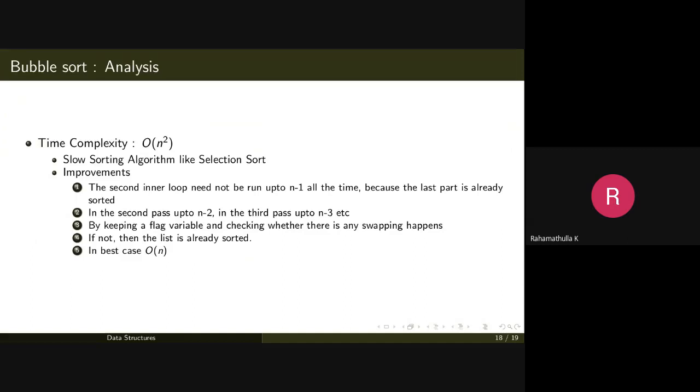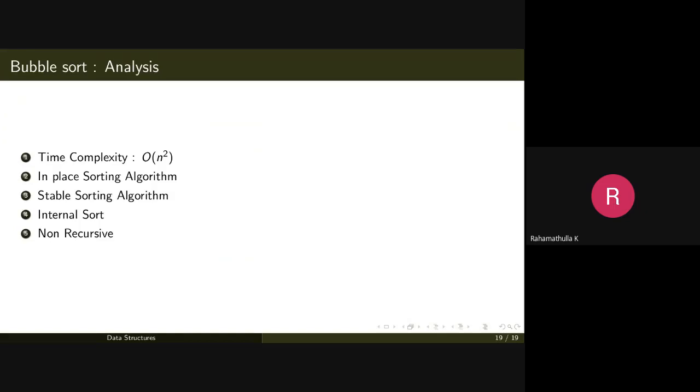So by using that also, you can have some improvement, but it will not improve your time complexity in the worst case or average case. In the best case, it will be order of n only instead of order of n square.